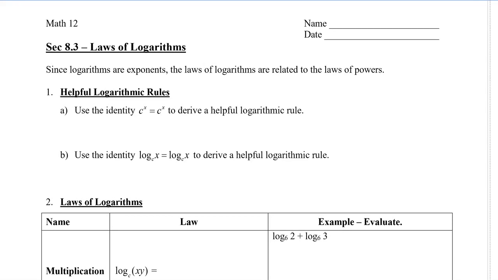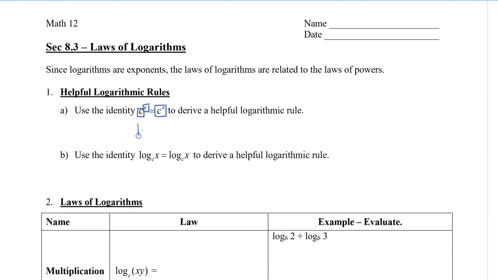The first one uses the identity that c to the power of x is equal to c to the power of x. So if I take this expression and rewrite it in log form, we pretend that this is our base, this is our exponent, and this is our value.